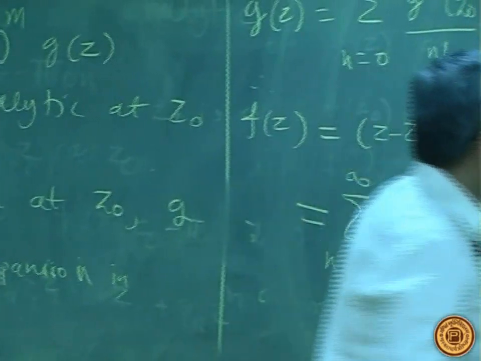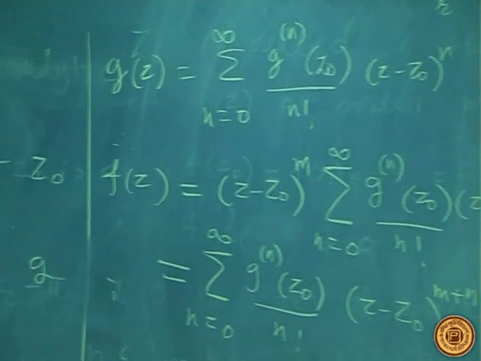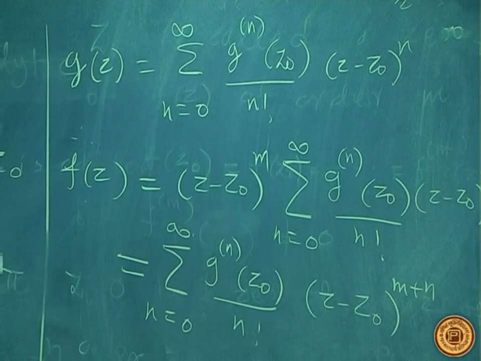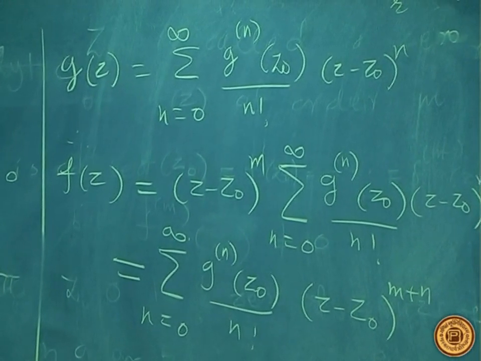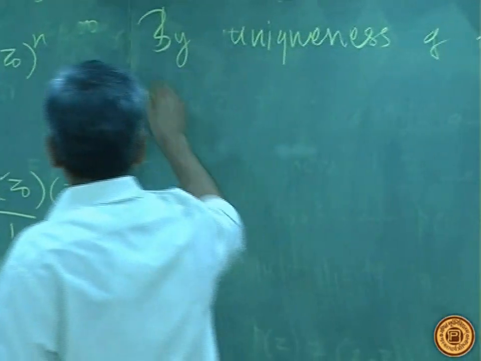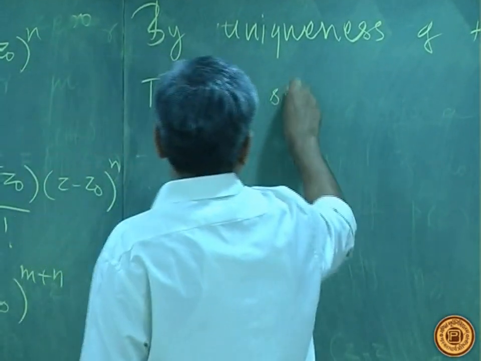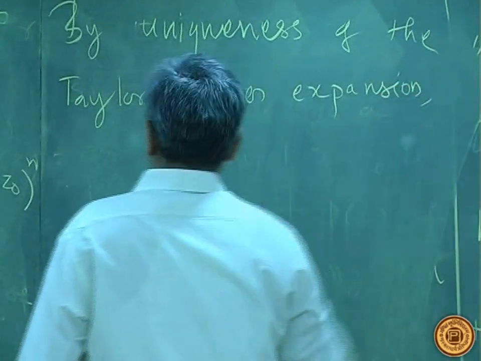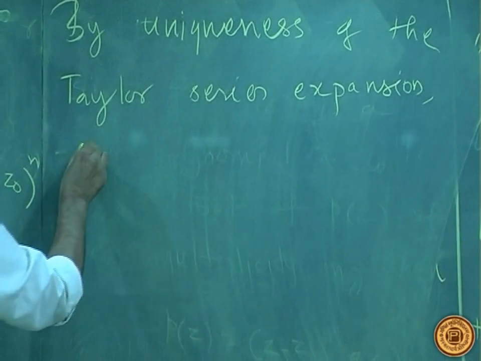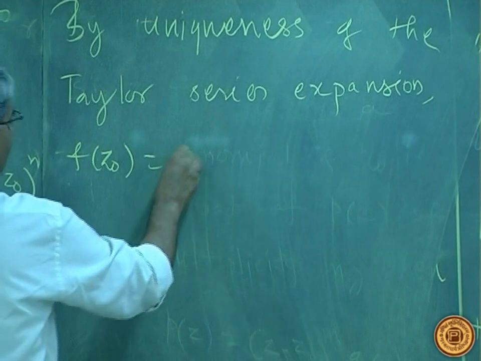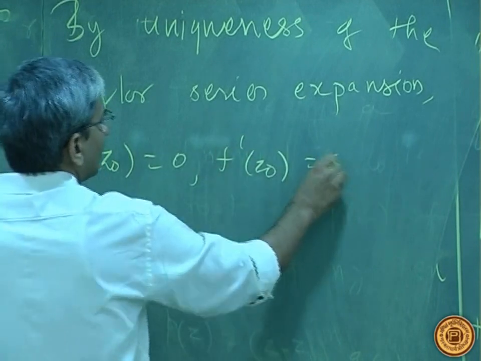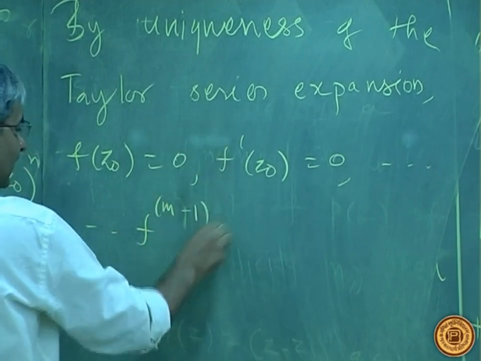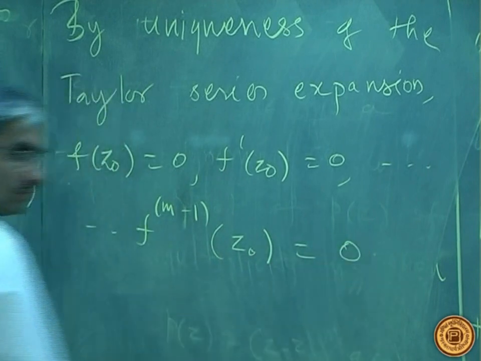So by uniqueness of the Taylor expansion, we get what? f(z0) is 0, f dash z0 is 0, and so on up to the (m minus 1)th derivative of f at z0 is 0.